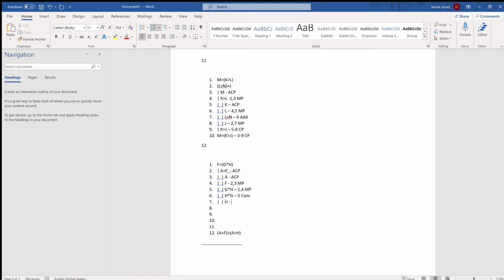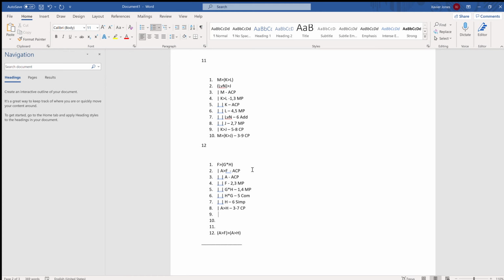So now we have if A, then H, using lines 3 through 7, conditional proof.